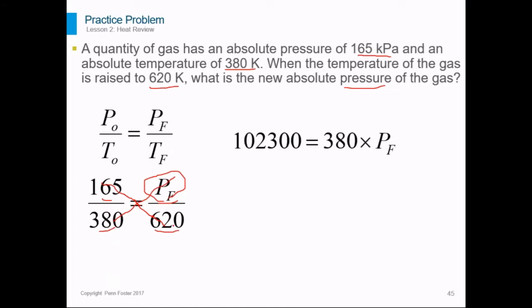So we take 620 times 165, and that gives us this big number, 102,300, and that's equal to 380 times the final pressure. Okay, so cross multiplying. Now that we have it set up this way, it's a little easier to solve. So we just take this big number divided by 380 and get our final answer of 269.